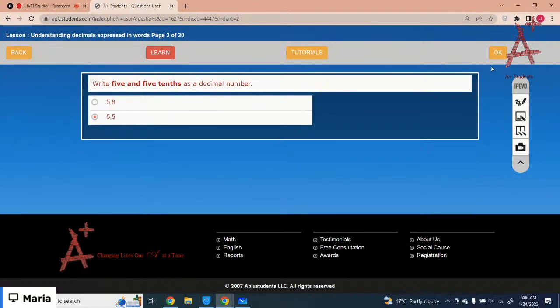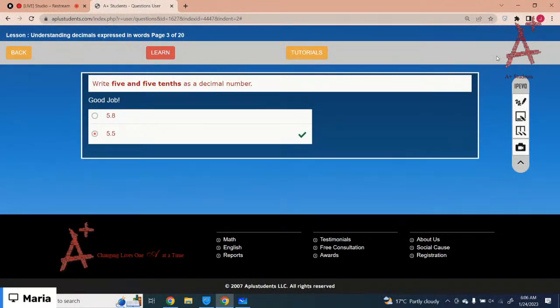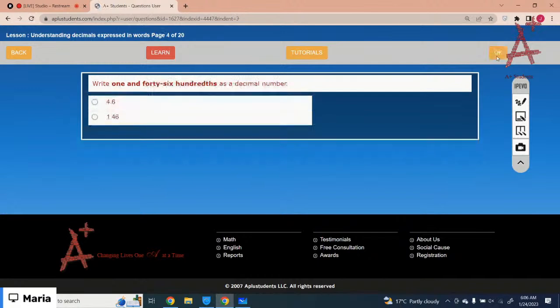It's okay if you haven't opened the page, but you have to complete the tests later today. Got it? Write 1 and 46 hundredths. So which is the correct option? That is the second one, 1.46. Very good.